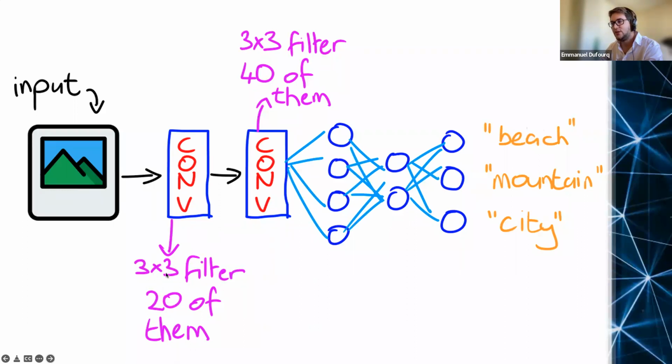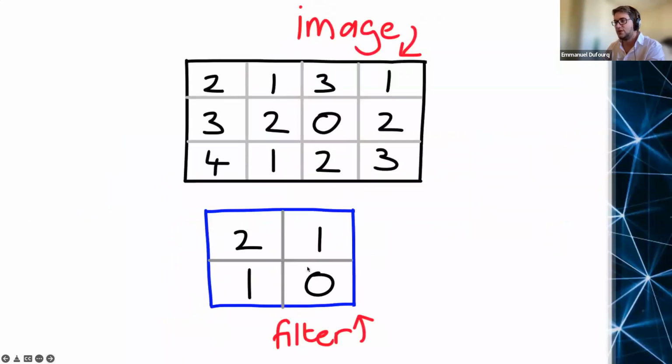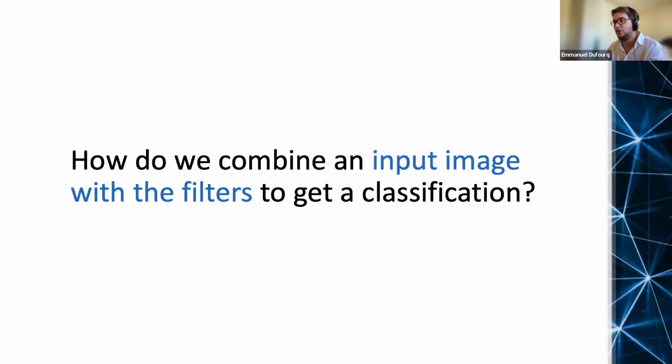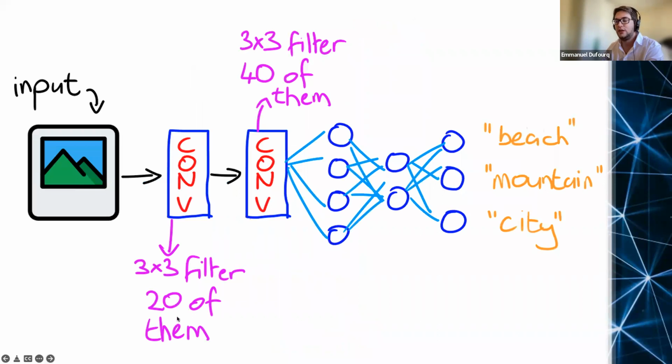Each of these 20 3x3 filters will produce a feature map, because we saw that one filter produced one feature map, and we just walked through the process of generating a feature map. So if we have 20 of them, then we'll have 20 feature maps.